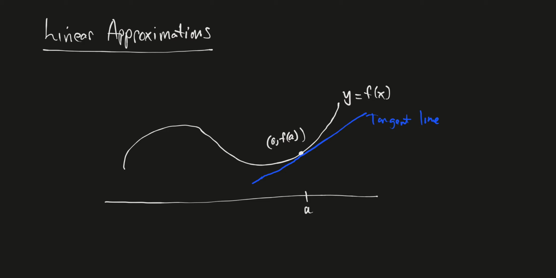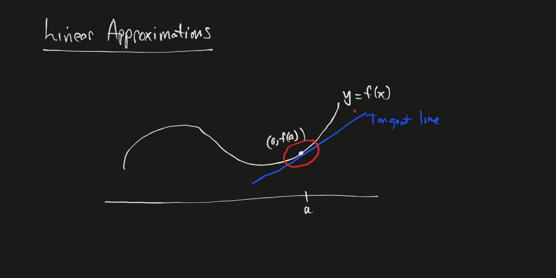So if I am interested in only values of x that are relatively close to a, for values of x that are close to a, the tangent line serves as a reasonable, if not very good, approximation to the curve. Usually when we talk about approximations, you think, okay, I'm going to use one number to approximate another number.